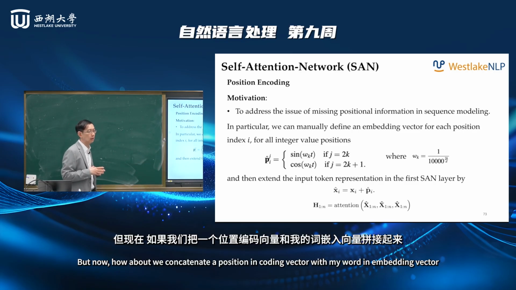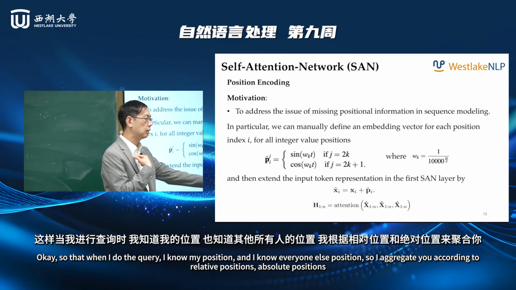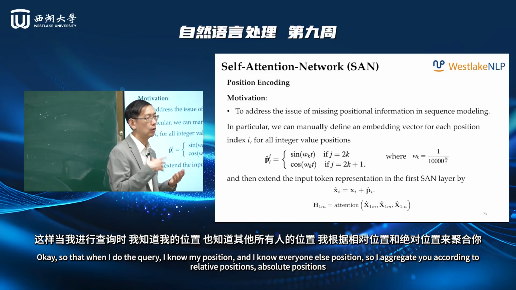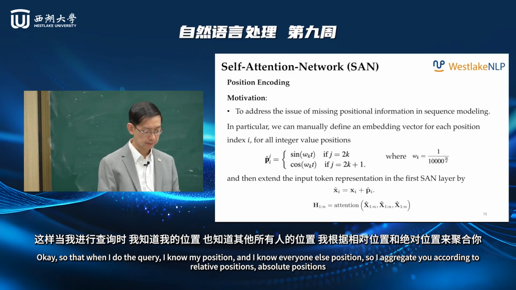But now, how about we concatenate a position encoding vector with my word embedding vector, so that when I do the query, I know my position and I know everyone else's position. So I aggregate you according to relative positions, absolute positions.